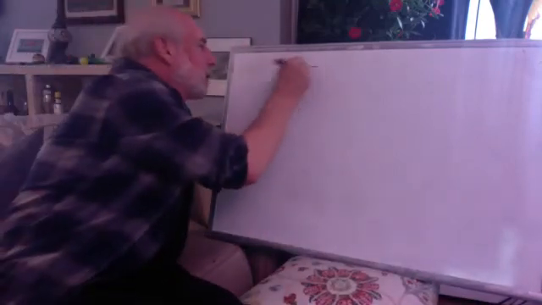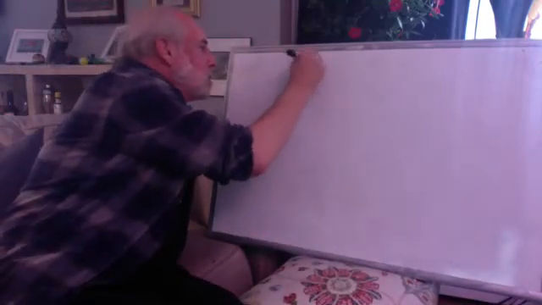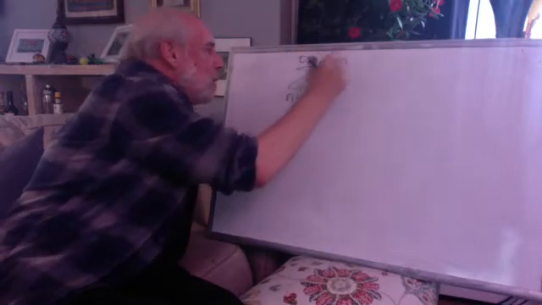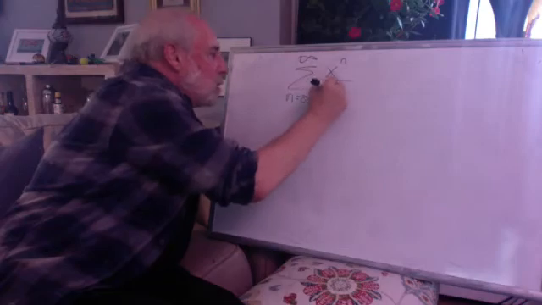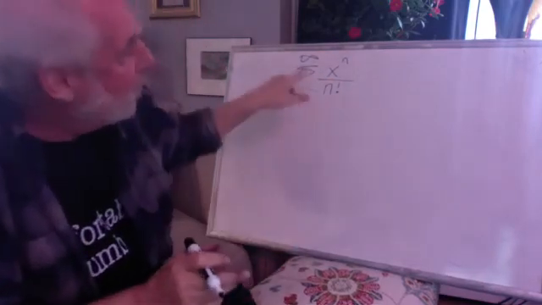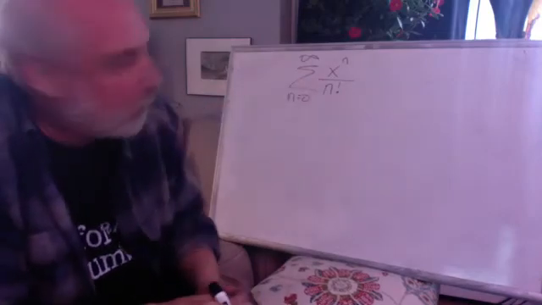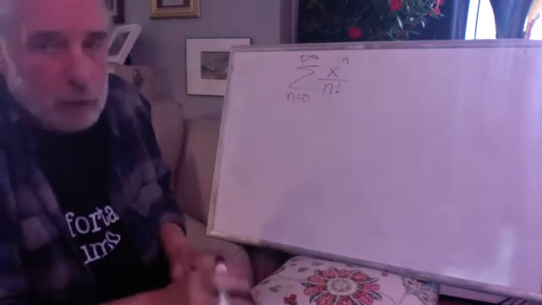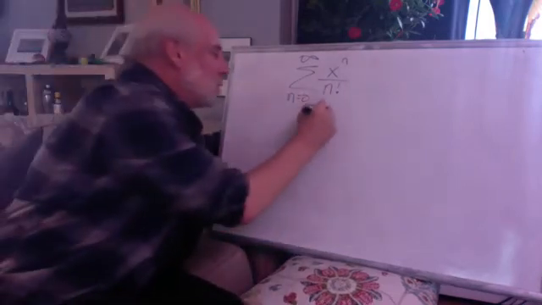Here's our next example. So x to the n over n factorial. Now in this case, there's no -1 in here. So this is just x to the n over n factorial. So we go right to the ratio test.